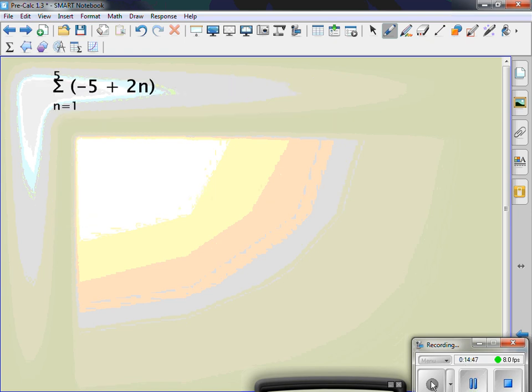I have the summation from n equals 1 to 5 of negative 5 plus 2n.